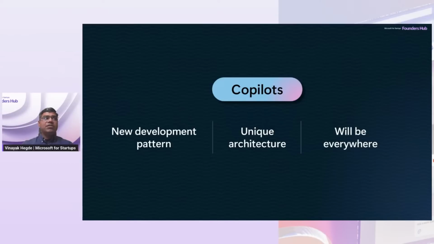To have this, you need certain amounts of checks and balances, certain amount of tuning, and that means that you require a unique kind of architecture. And because you can query everything by using human language, we expect that it will be everywhere very, very soon.